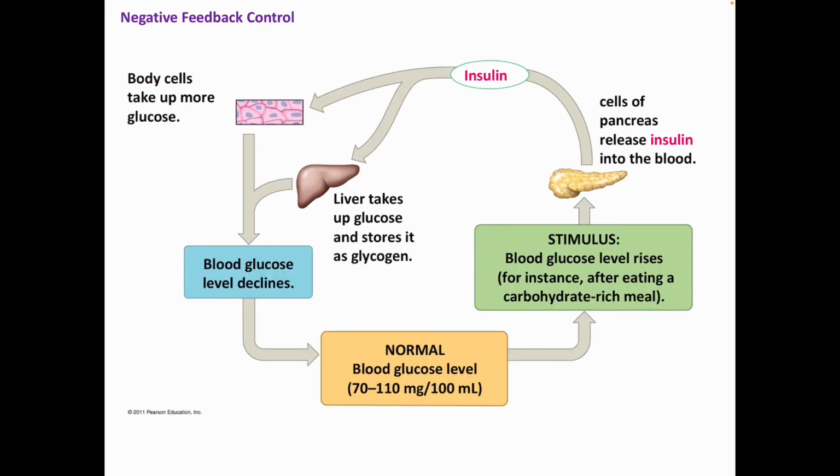So with respect to blood glucose level, if your blood glucose level rises, for example, after a carbohydrate-rich meal, that is the stimulus that causes the pancreas to release insulin into the blood. The insulin then causes the liver to convert glucose to glycogen. That means the blood glucose level declines and will return to its normal set limits.